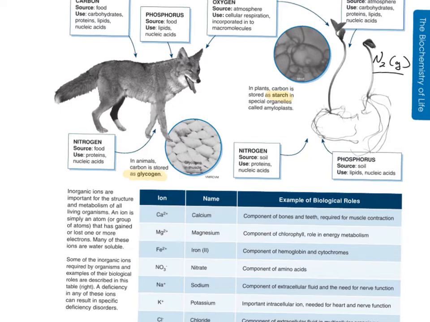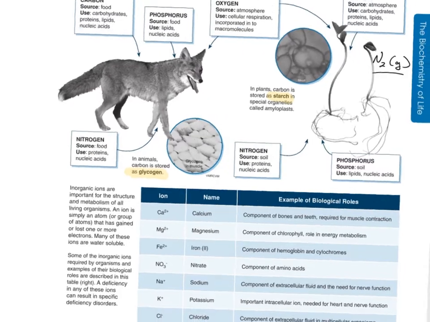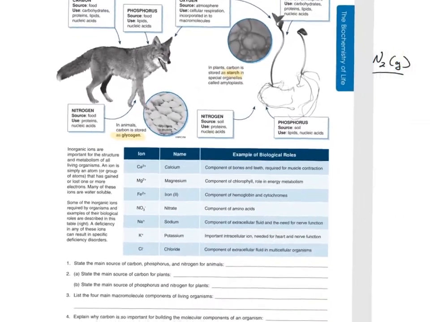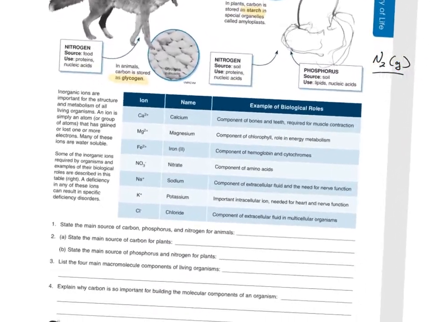It's the sugar in your blood when you're not eating. It comes from glycogen. So just like plants store sugar in starch, humans and animals store sugar as glycogen. Two different forms of the same molecule put together in two different ways. Nitrogen, of course, animals eat. Are we all good with that?